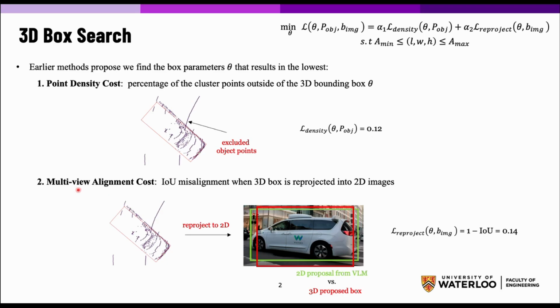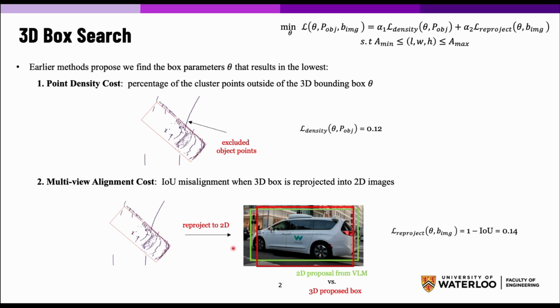The second term we can look at is multi-view alignment. What that means is when you reproject the 3D box back into 2D, because you have the calibration, we expect that the dimensions of the reprojected box are going to match the 2D proposal from the VLM. And one easy way to measure the misalignment is IOU.